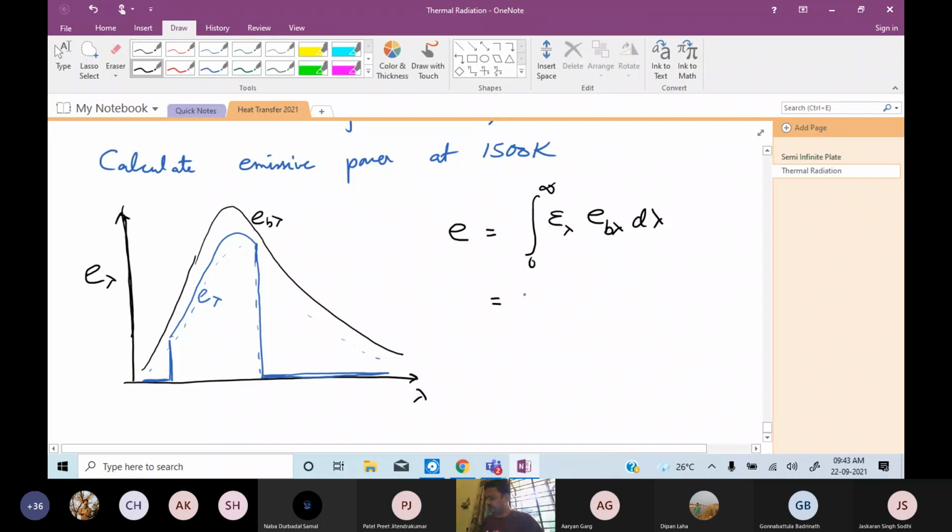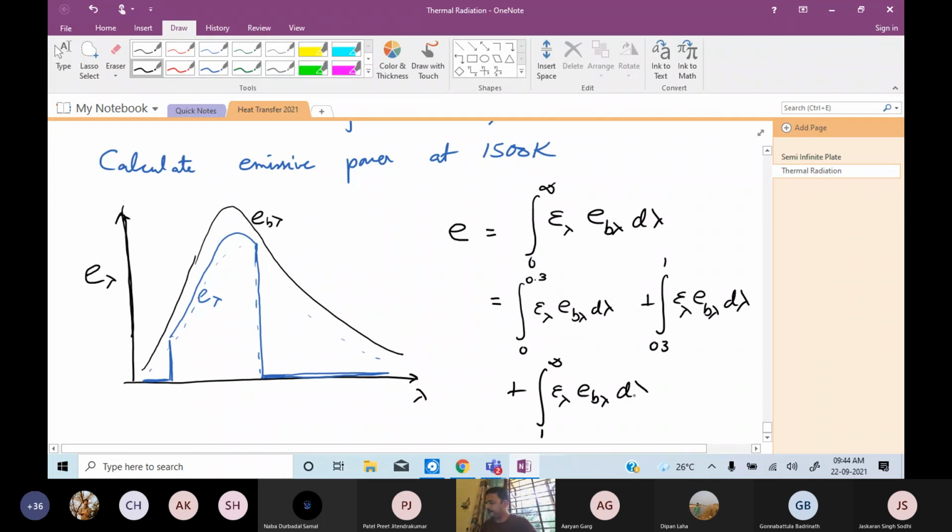Since I don't have a constant value of epsilon, I have to break it up: 0 to 0.3 of epsilon lambda EB lambda d lambda, plus 0.3 to 1 of epsilon lambda EB lambda d lambda, plus 1 to infinity. Now this goes to 0, this goes to 0.